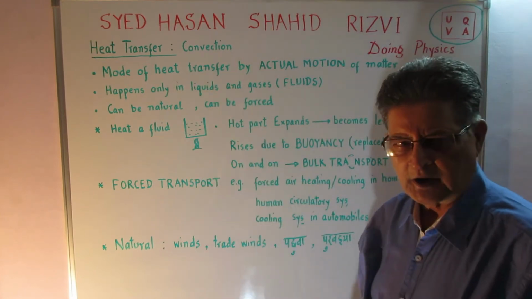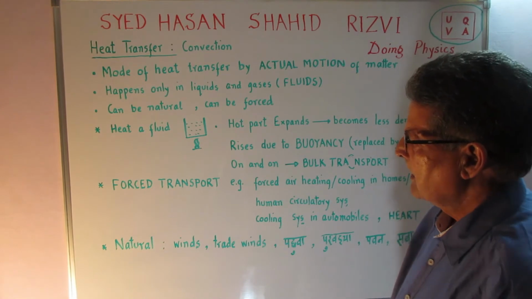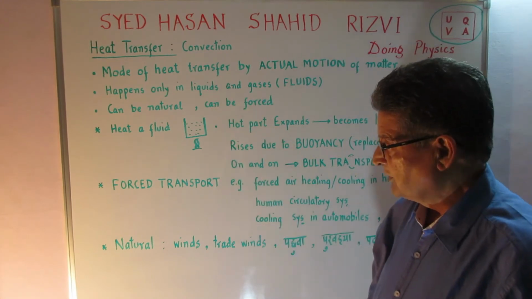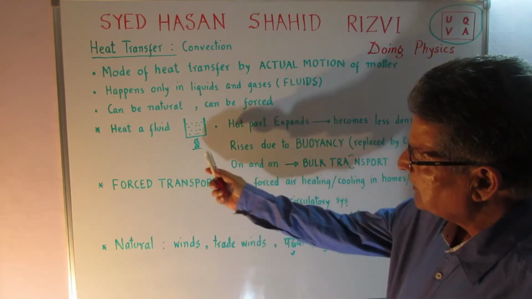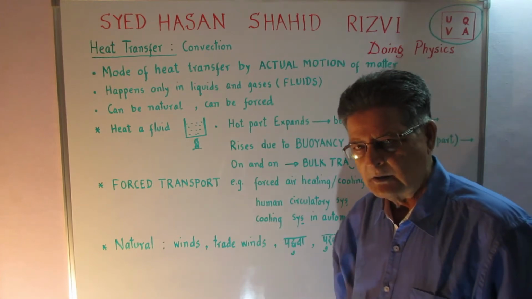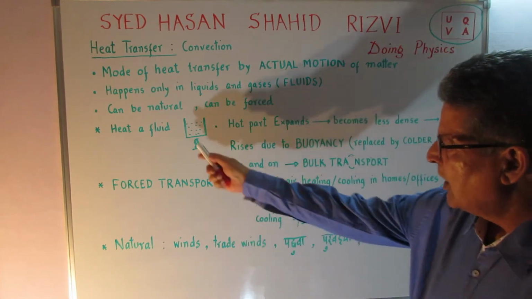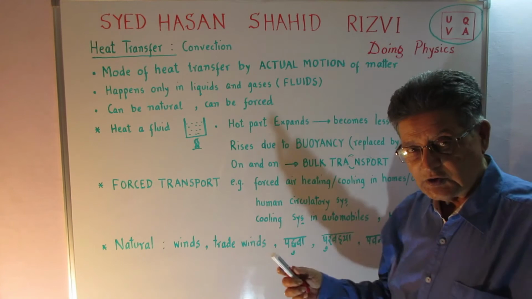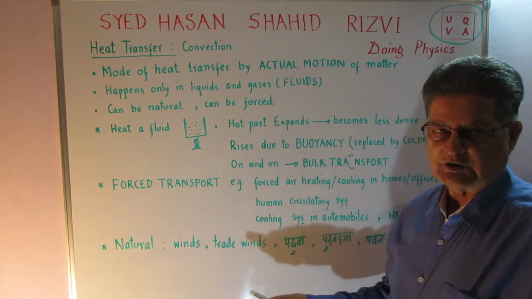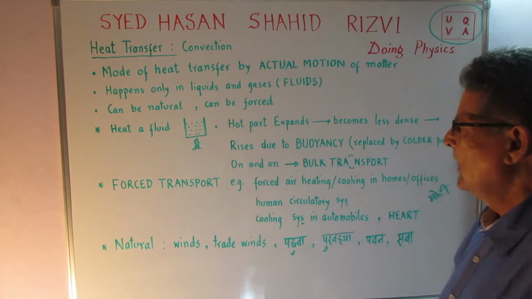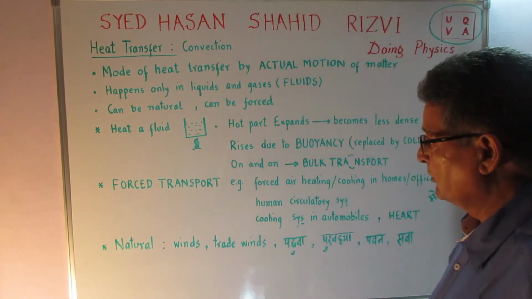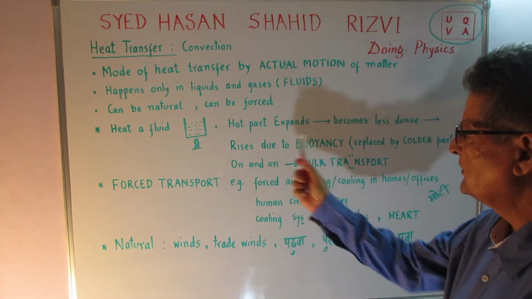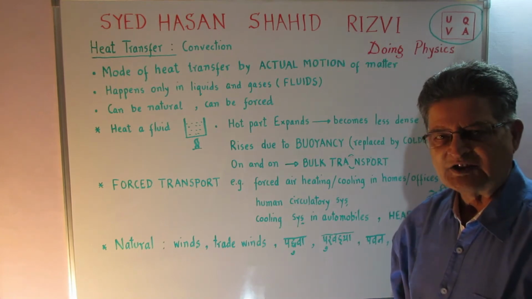Heat a fluid in a container. So what happens? The bottom parts of the fluid, this time a liquid, come in contact with the source of heat, and as a result the hot part at the bottom expands. It becomes less dense in comparison to the other parts of the liquid. So this hot part rises due to buoyancy.